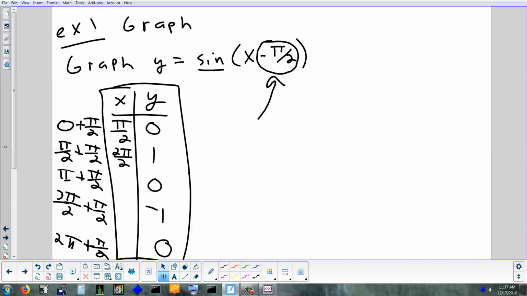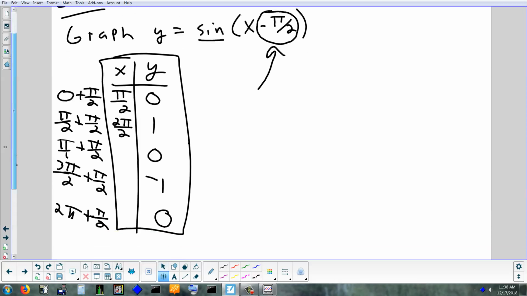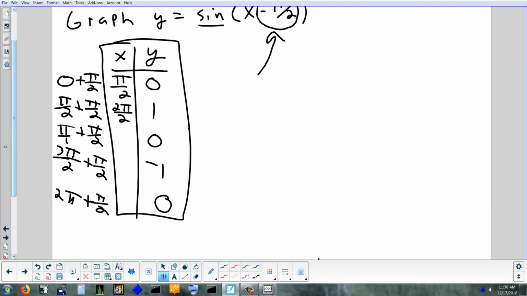The third one, well, pi doesn't have a denominator. What could I make the denominator? I can put in a 1. And now to add these up, you need a common denominator. What's the common denominator between 1 and 2? 2. So I would have to double the bottom, but then I have to double the top. 2 pi over 2 plus 1 pi over 2, 3 pi over 2.